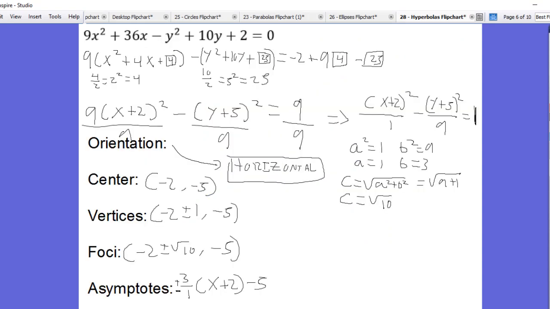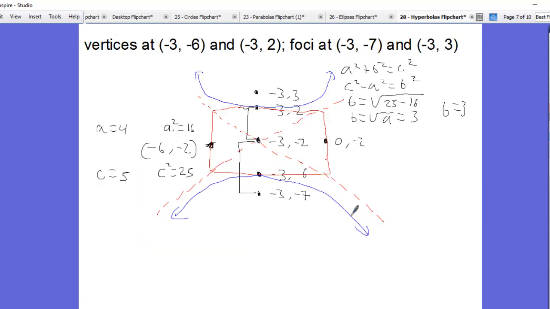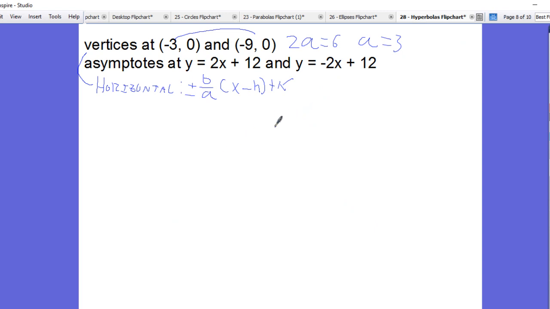Oh, and I'm going to finish off these problems because I didn't actually write the standard form. Okay, so x minus h plus k.